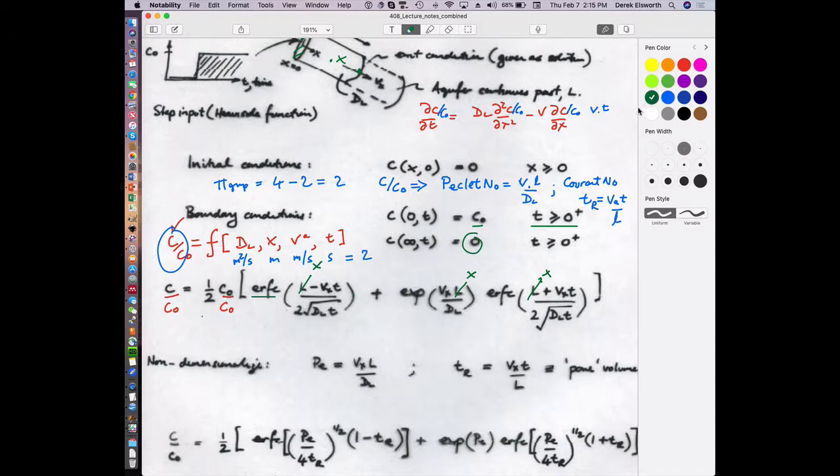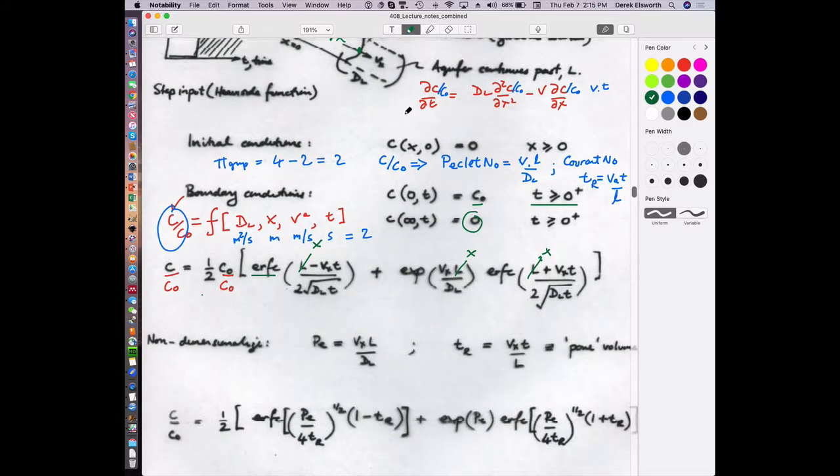No, not velocity, just time. Multiply both sides through by time. If we do that on both sides, then we have time on this side relative to this, so we get rid of that, and we've already got this, so nothing there.